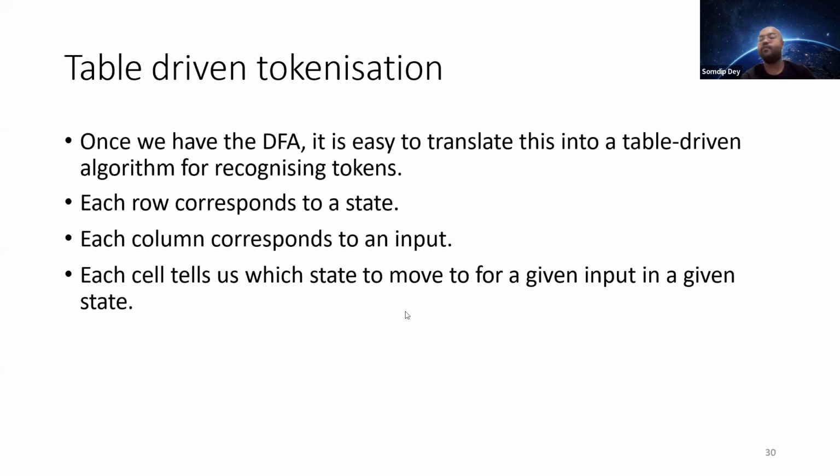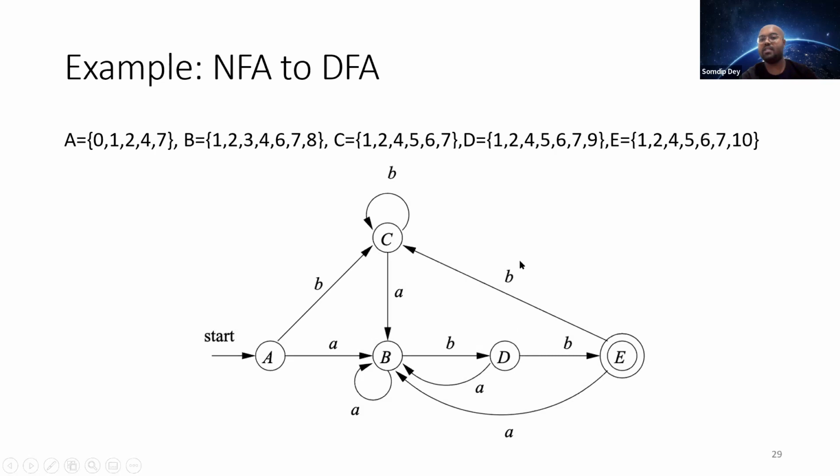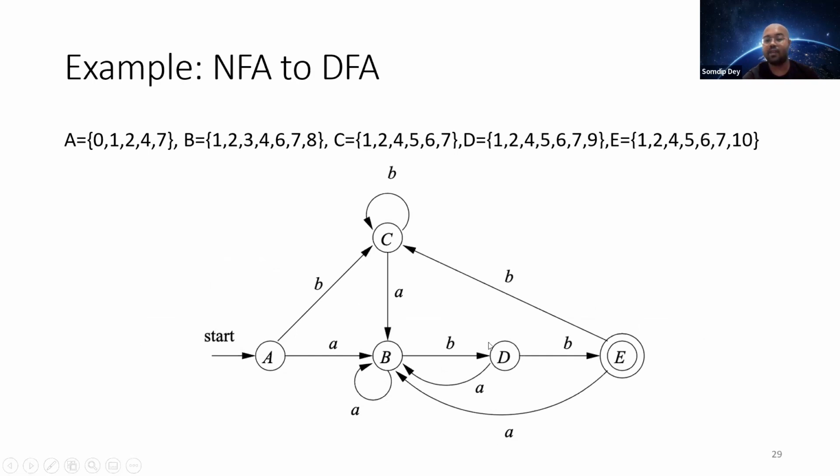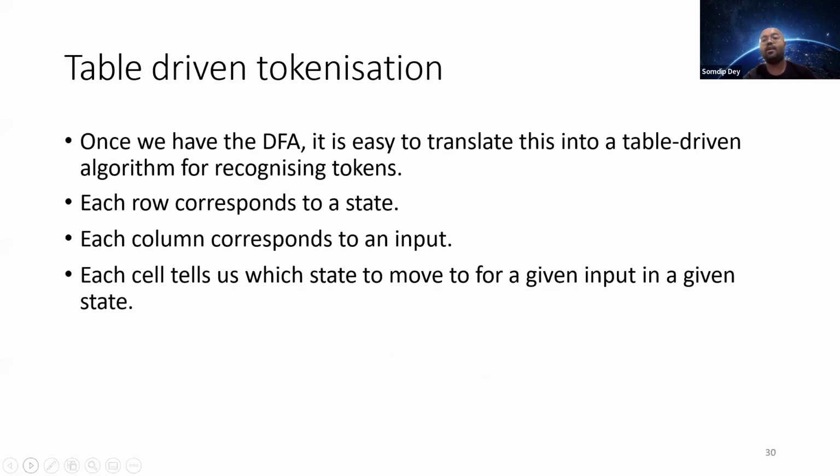Now, after we have generated the DFA, which you can see is a far more compact finite automaton for the regular expression, we can actually generate a state transition table. That will be important because using the state transition table, you can then determine what is an acceptable token or not.